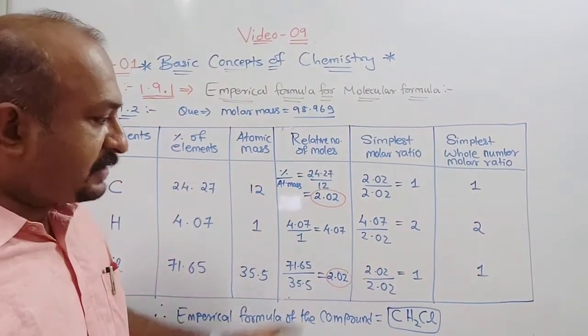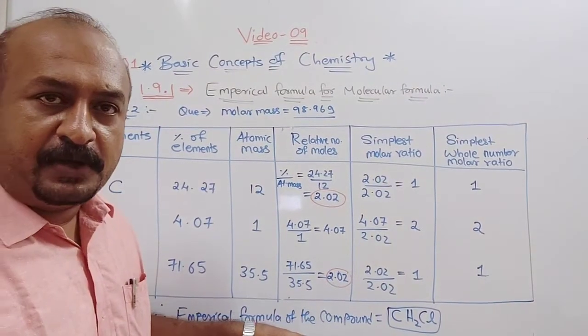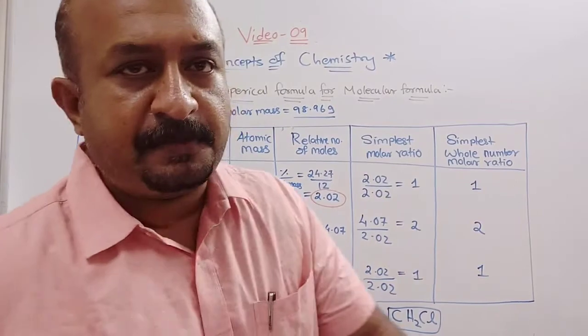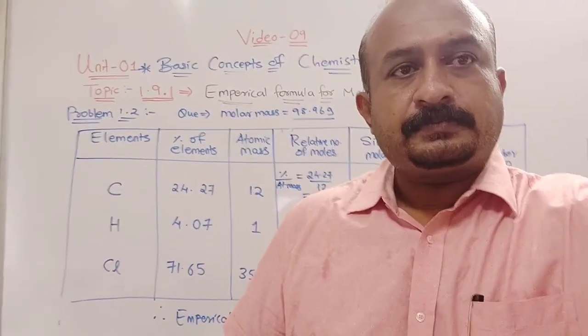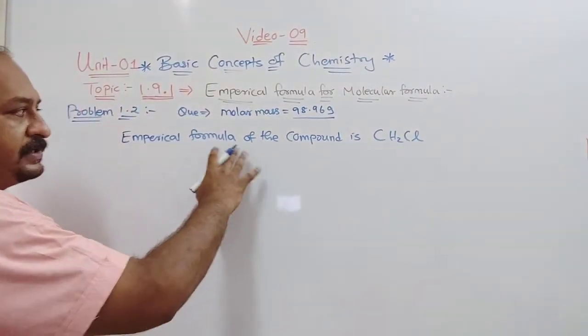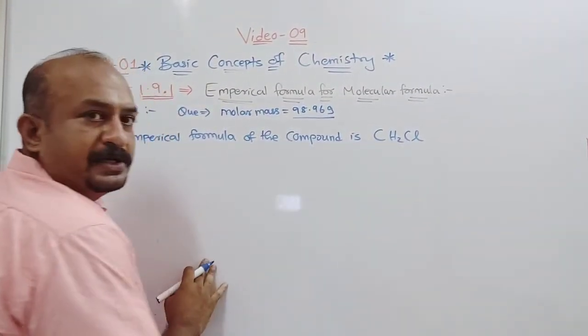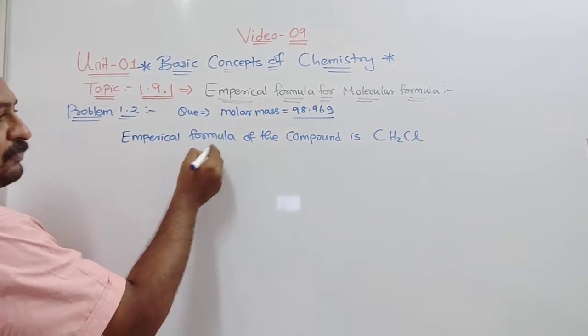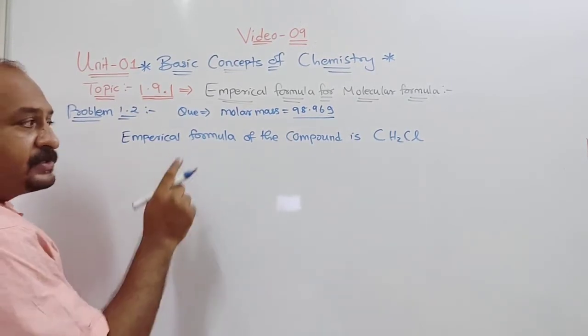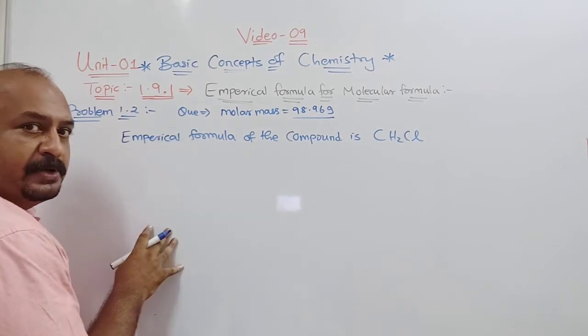Understood? So now the next calculation. We got the empirical formula. Now we will find the molecular formula. Before that I will rub this part. Just a minute. Okay. Now you can see here, from that calculation we got the empirical formula of the compound. Now after this we will find the empirical formula mass. You know why? Because of the formula of n, if you remember.